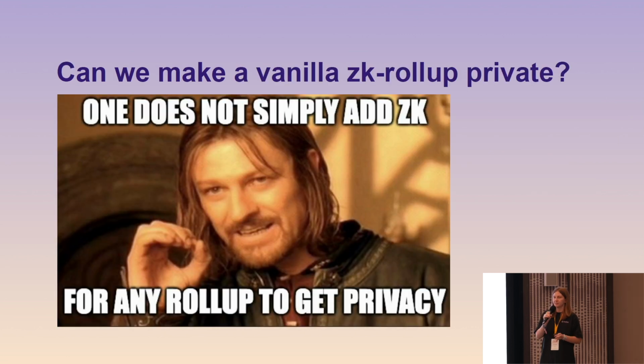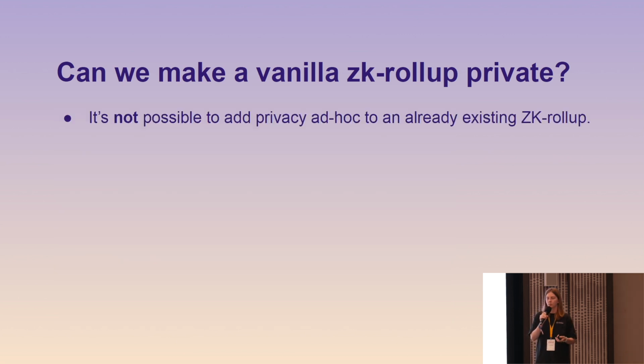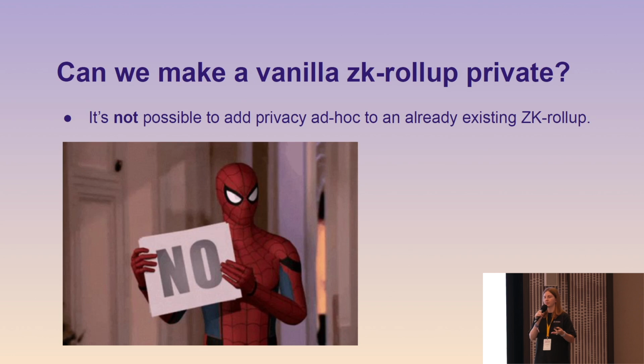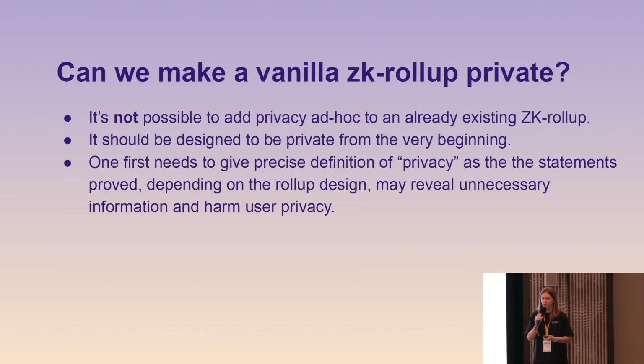Can we just put ZK in the ZK rollup and add privacy? Not really. Why? Because there is no such thing as abstract privacy. Privacy is a property that some system can have.